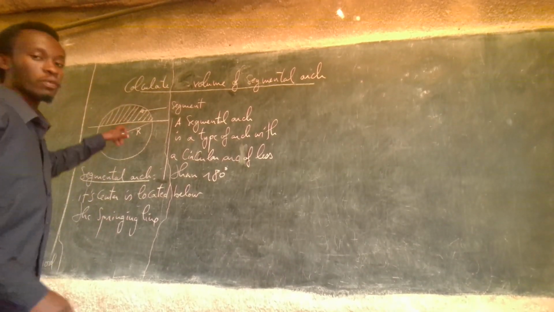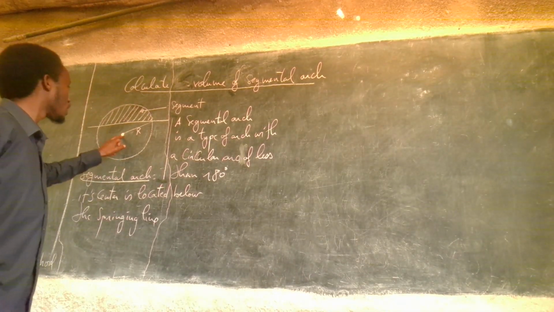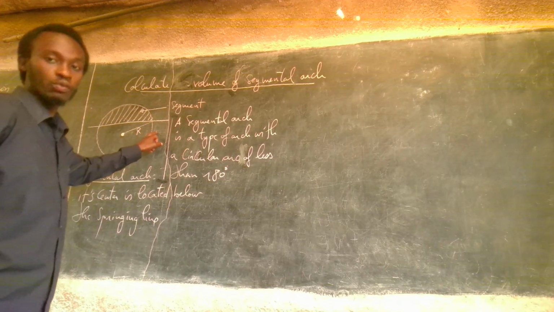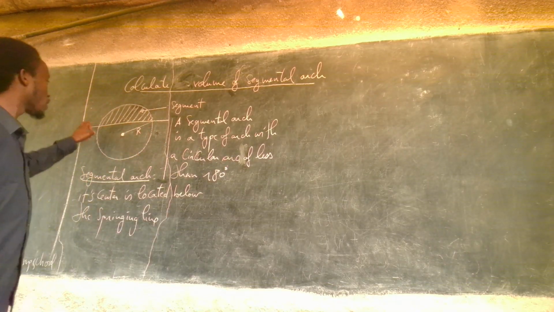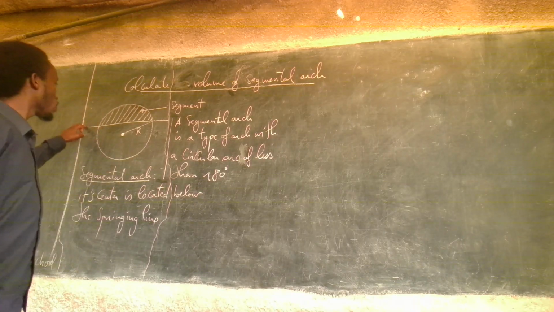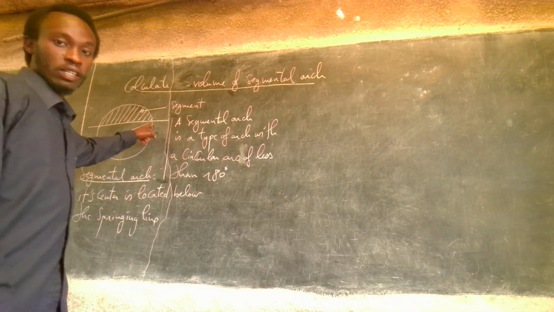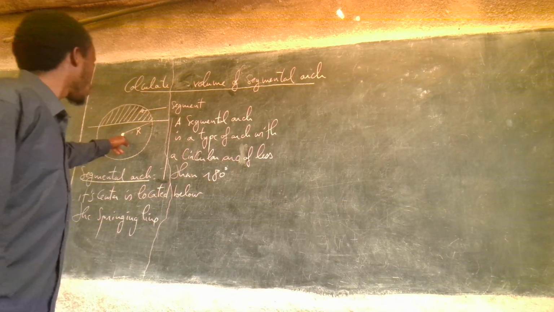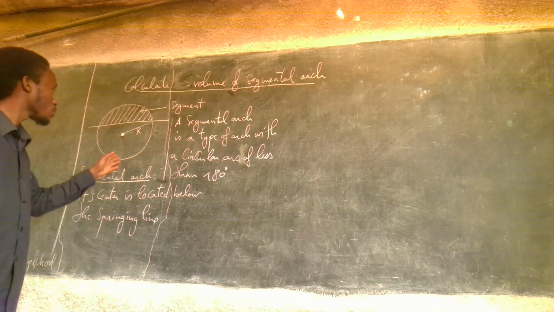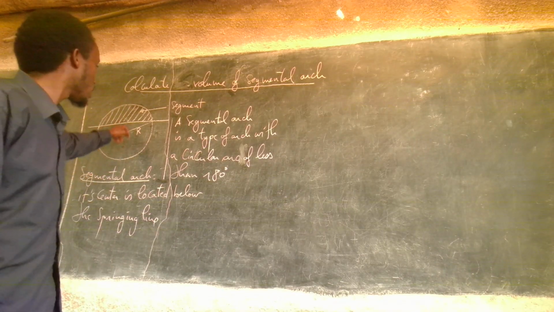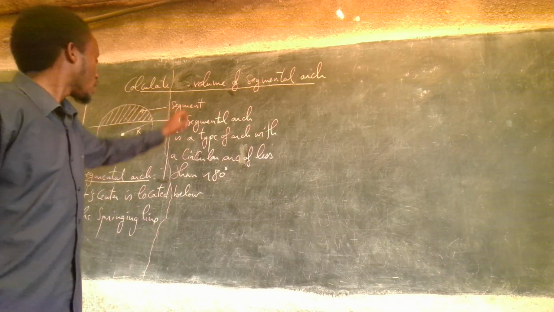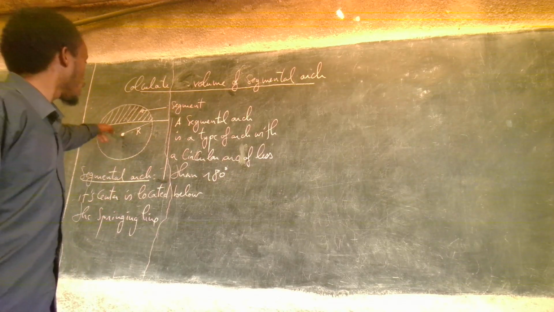Here's a circle. This is the circle of 360 degrees. In order to create a segment, we have to cross the line above the center line. So we have to not cross the center of this circle so that we can create a segment. So a segmentary arch is formed like this.